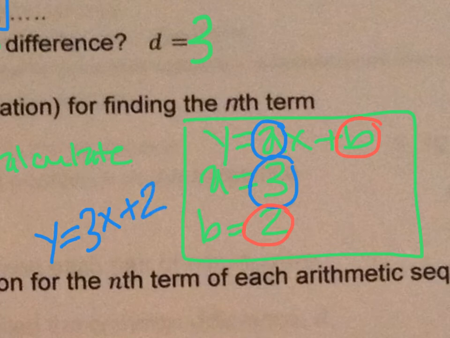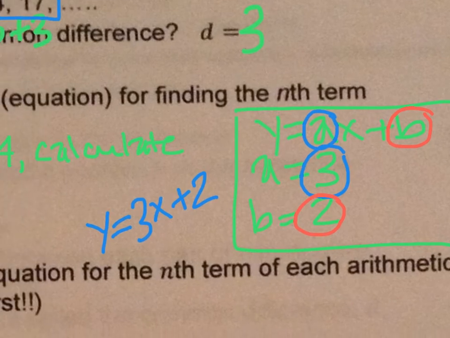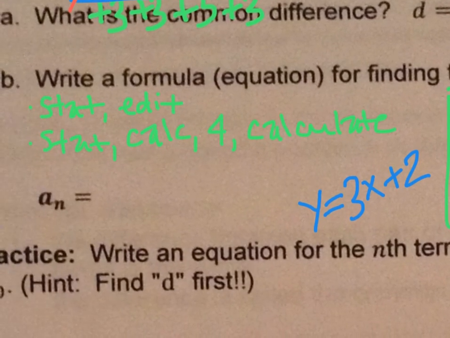So that is the formula or the equation for finding the nth term. Now notice in your notes, however, it says a_n equals instead of y equals. Well, the reason why we denote it as a_n is because remember, a_n is the term. And so we're talking about the term. So instead of y here, we're going to write it as a_n equals 3x plus 2.